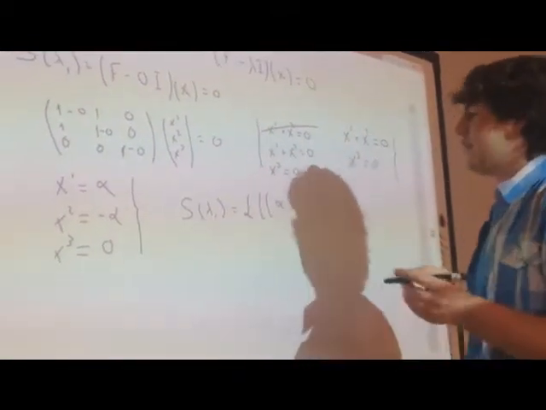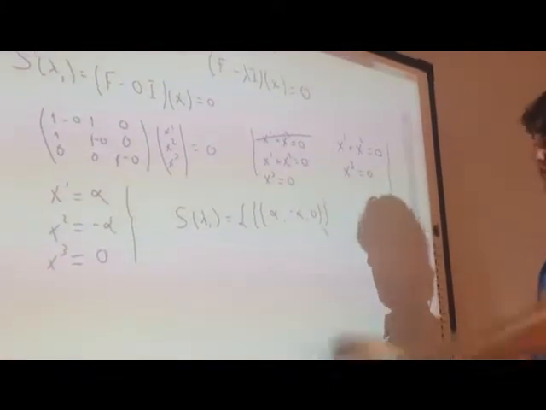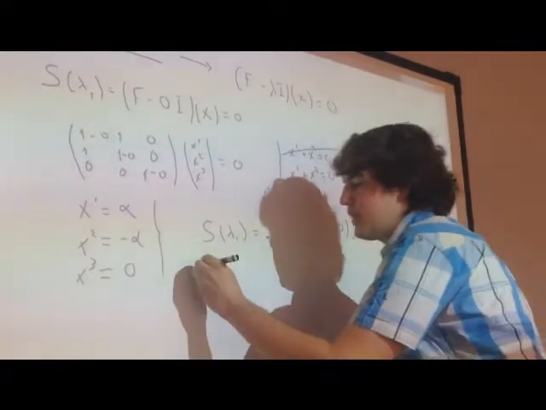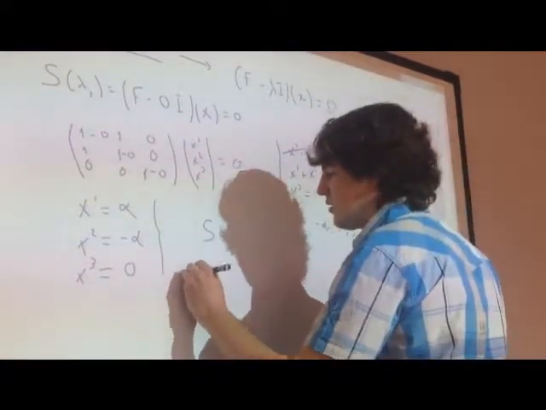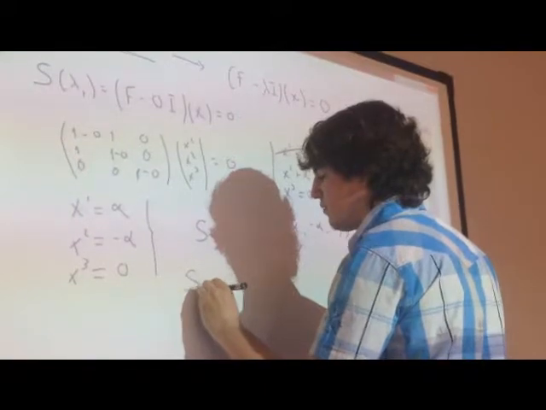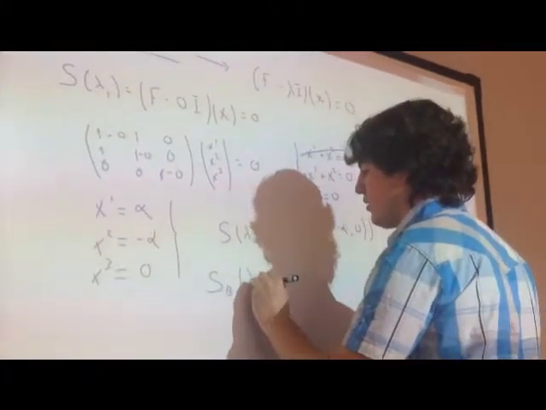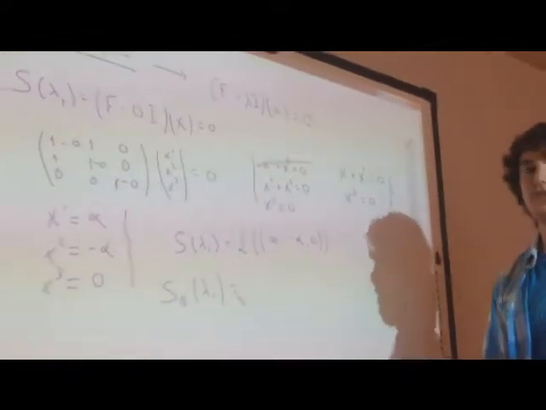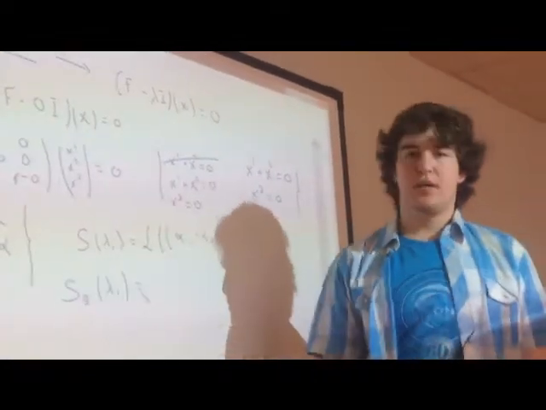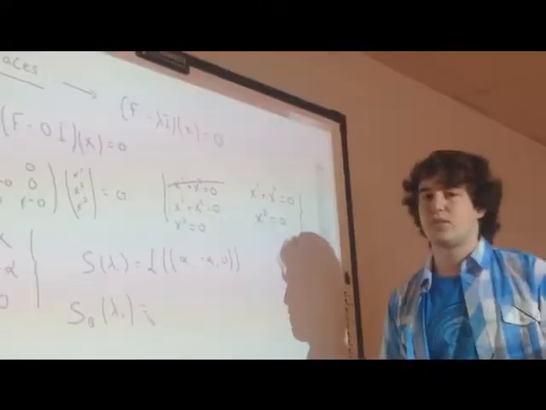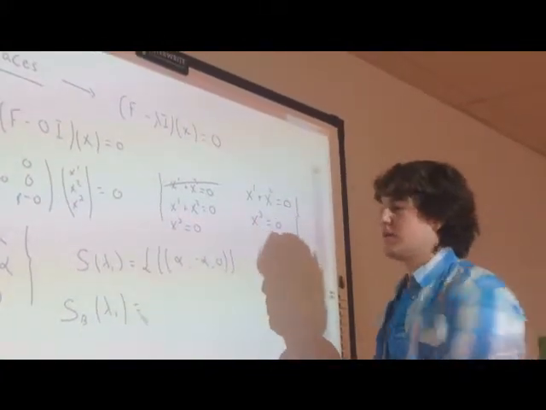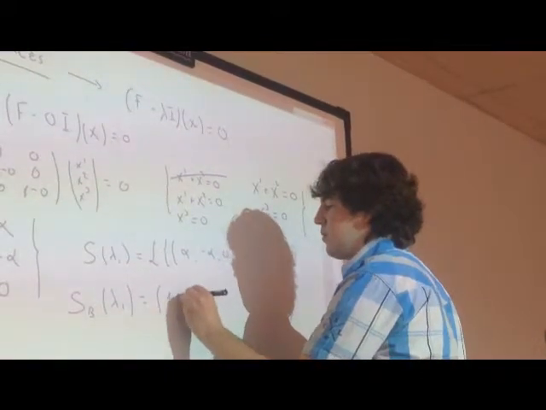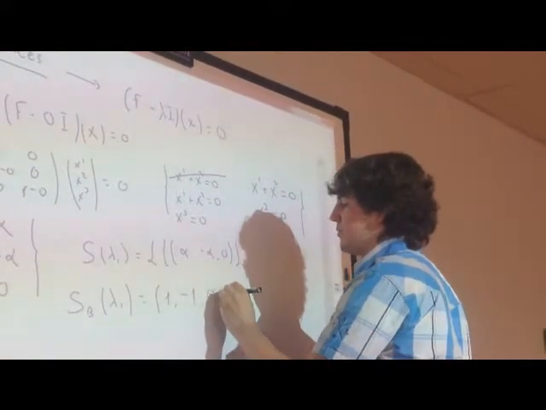This is the parametric form of the eigenspace. Now we need to find a base for the eigenspace. We take any value for alpha, but in this case we select the simplest one, which is 1. So the base will be 1, minus 1, 0.